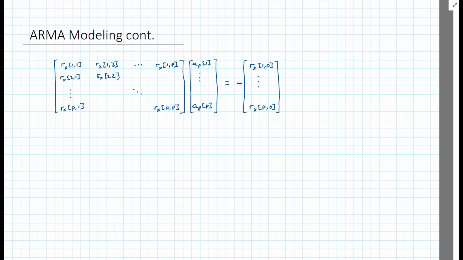Okay, if we define this now as our deterministic autocorrelation matrix R_x, this would be a vector a_P, and this will be a vector r_x, we get our system of equations with an obvious solution of a_P equal to R_x inverse times negative r_x.